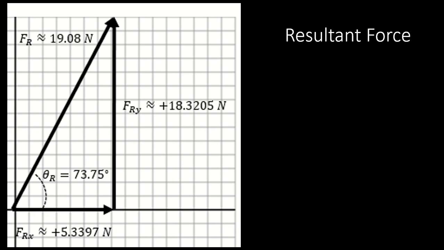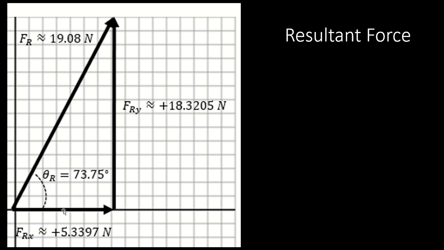And if you were asked to draw the resultant force, since its x component was positive, draw a rightward arrow. And since the y component was positive, at the end of the x component, draw an upward arrow. The magnitudes being relatively proportional, 5 would be a short arrow, 18 would be a much longer arrow. And then from the tail of the first component vector you drew to the head of the final component vector, draw your resultant.